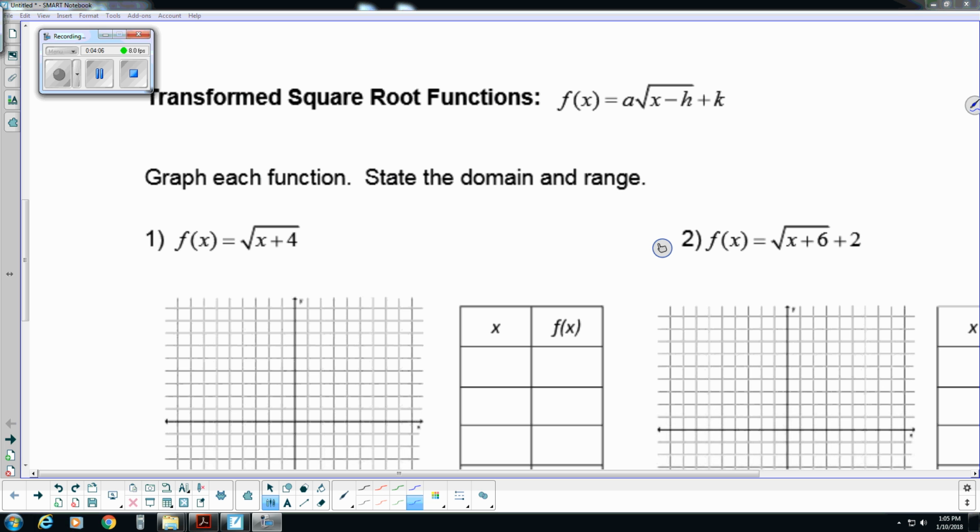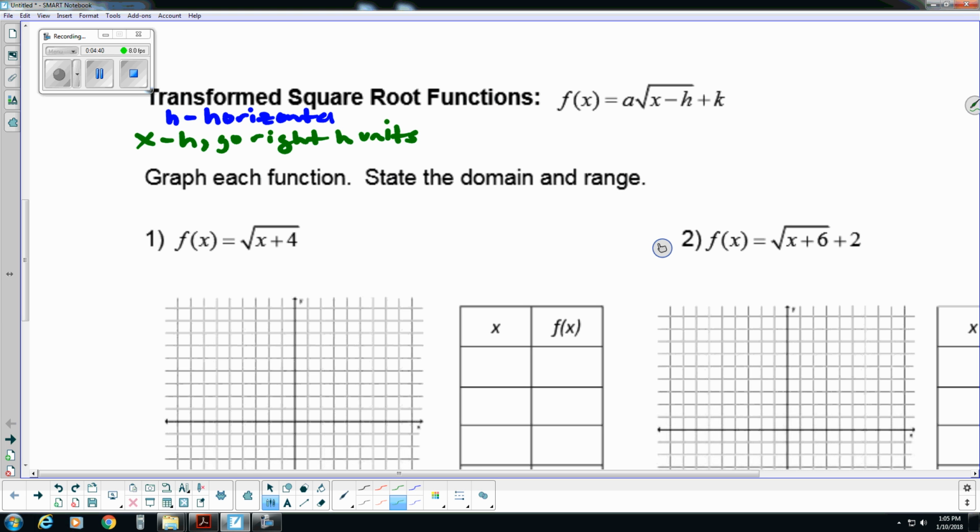Let's start with h. h gives us a horizontal transformation. I'm just going to write horizontal. So h moves us horizontally. If under that radical sign it's x minus h, then we're going to go right h units.